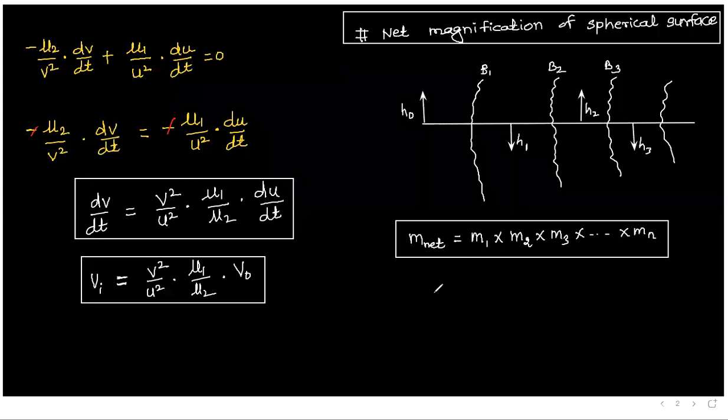So here M1 is what? M1 is equal to H1 by H0. Then M2 is equal to what here? H2 by H1 and so on. Understood? Like that, you have to substitute to get the net magnification due to spherical surfaces.